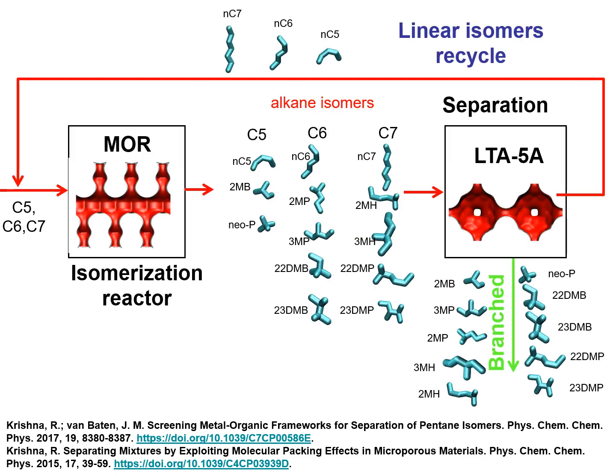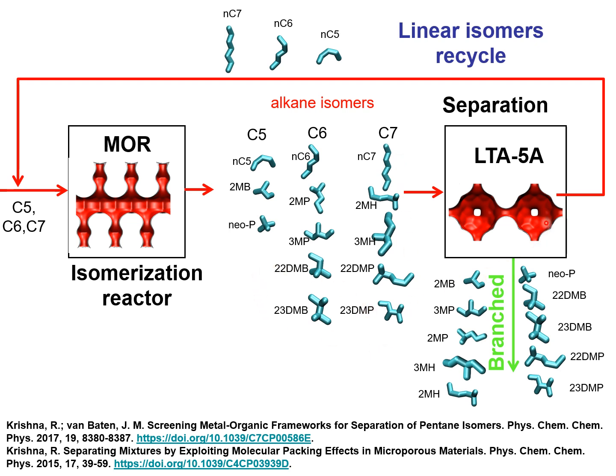I show here a process flow scheme for the alkane isomerization process, in which a feed mixture consisting of C5, C6, and C7 alkanes is fed to the isomerization reactor that is catalyzed by Mordenite catalyst. The products emerging from the isomerization reactor is a thermodynamic equilibrium of the isomers of C5 alkanes, C6 alkanes, and C7 alkanes.